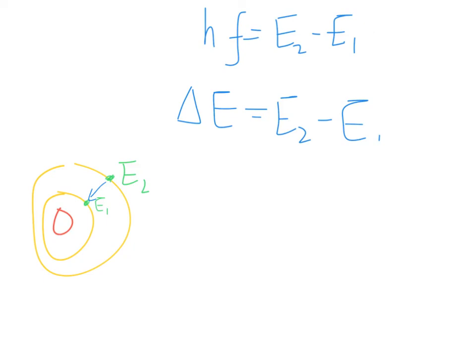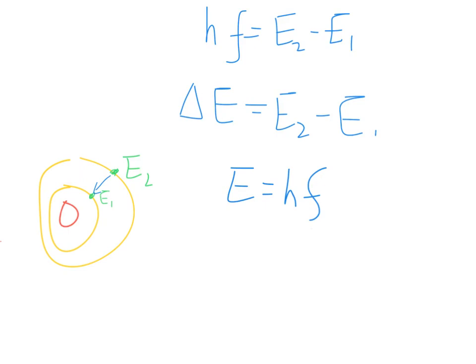Now the energy given off is given off as a photon of electromagnetic radiation, and we already know that the energy associated with a photon is equal to Planck's constant times its frequency. So looking at this formula, the change in energy, or the energy given off by an electron, is going to be the second energy level take away the first energy level. We can just sub in hf. We can say hf is going to be the second energy level minus the first energy level.